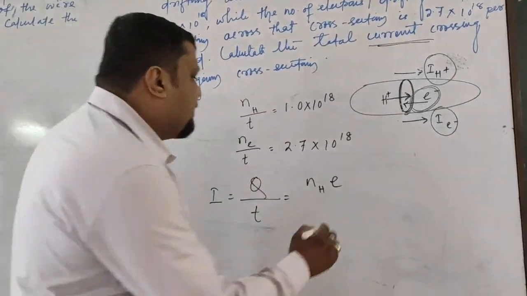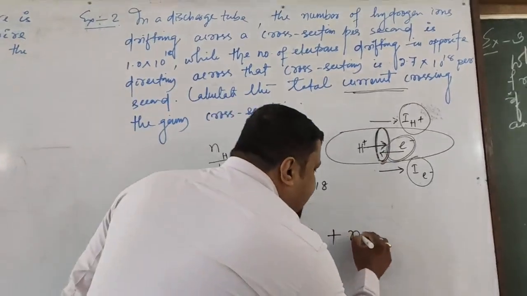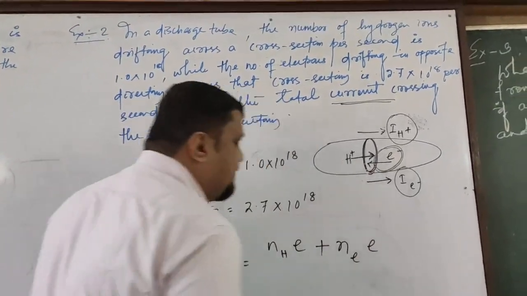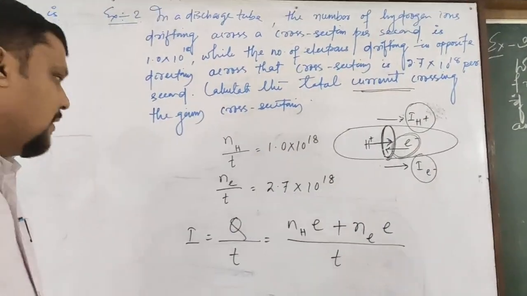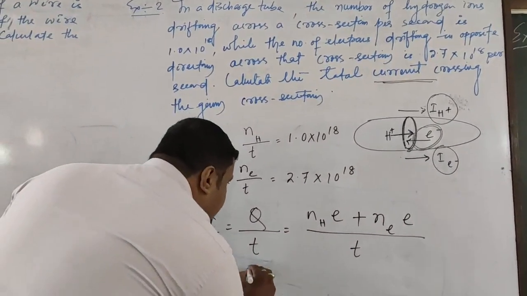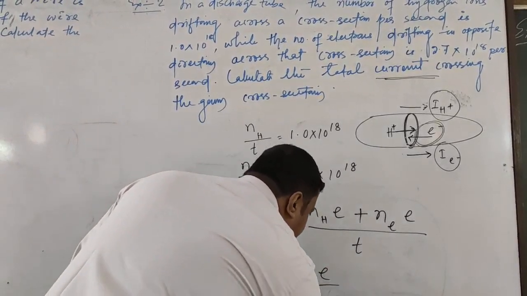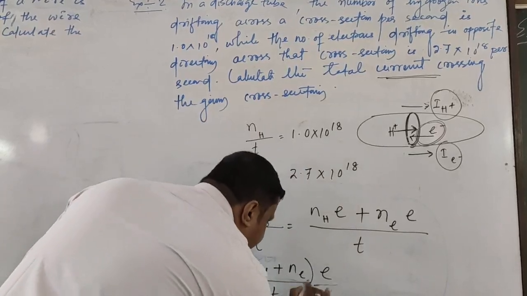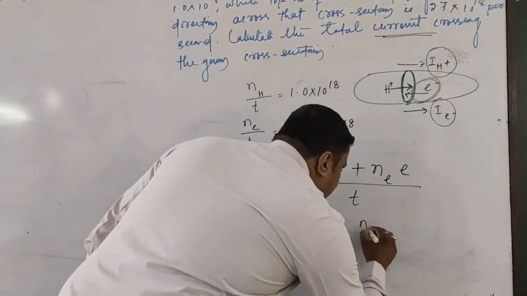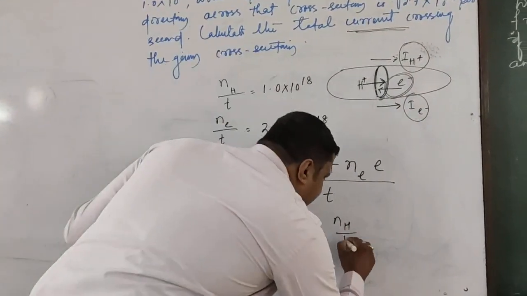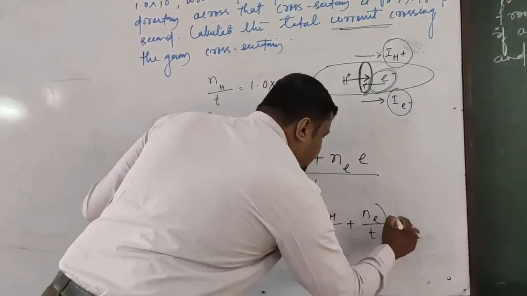So N H e plus the charge for electrons, N e into e, divided by T. Or I can write I is equal to (N H plus N e) into e by T. Or I is equal to (N H by T plus N e by T) into e.